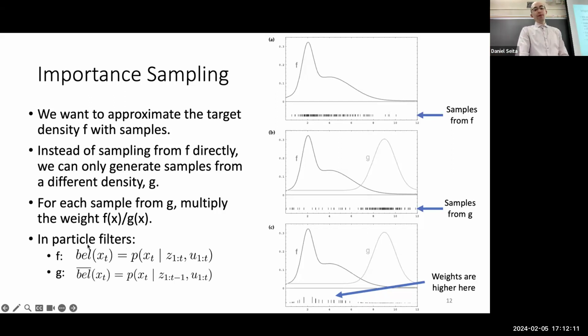So in particle filters, you can think of f as our target function, the thing that we want to get, but we have to compute it somehow. And g is something that we know from the prior time step, before we take into account the measurement update. Because g is something that we already know, it's easy to sample from, but the target is something we're trying to get, so we can't sample from it directly. What it does assume is that you can evaluate it.